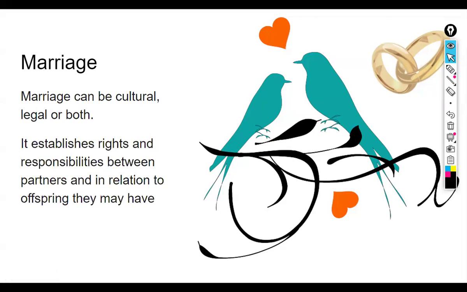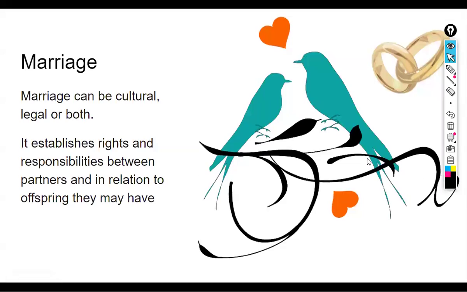What does marriage do? Well, it says when one gets married, these are the rights and the responsibilities between the two people getting married, partners. And these are the rights and responsibilities in relation to any children, any offspring they might have. Right? So this is another type of relationship.